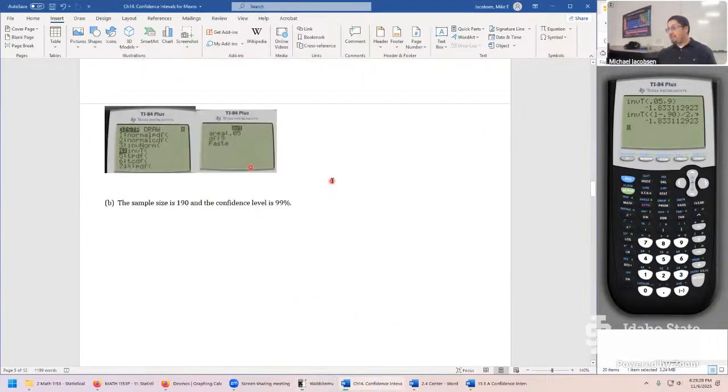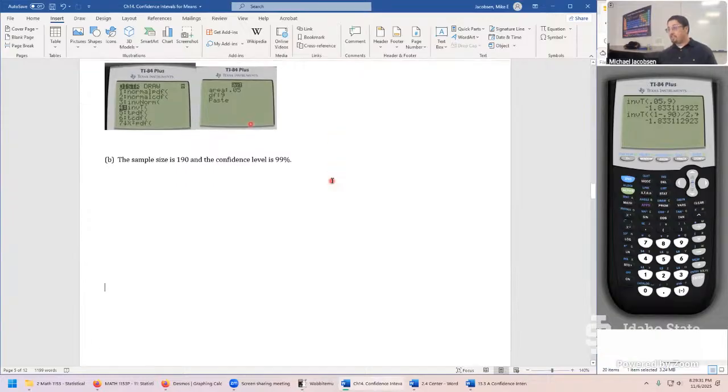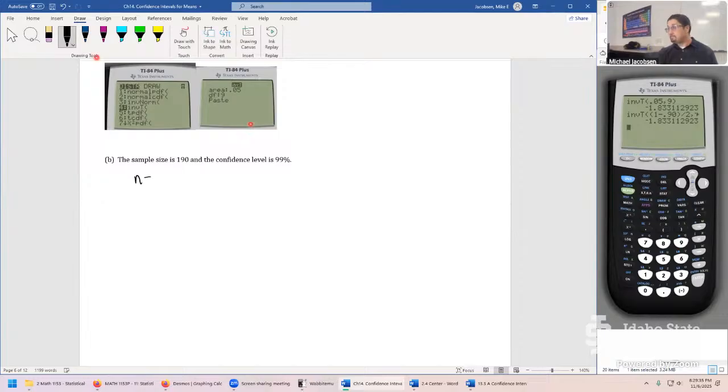Well, let's try it out one more time just to get a feel for this. On this one, sample size is 190. This means the degrees of freedom in this problem would be n minus 1, 190 minus 1, 189. Confidence level is at 99%.